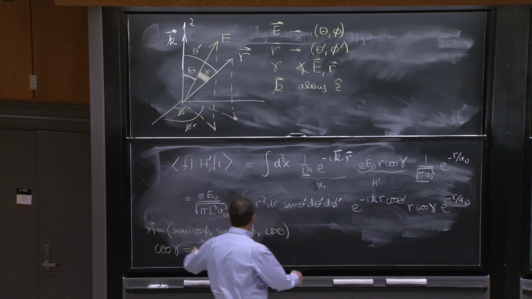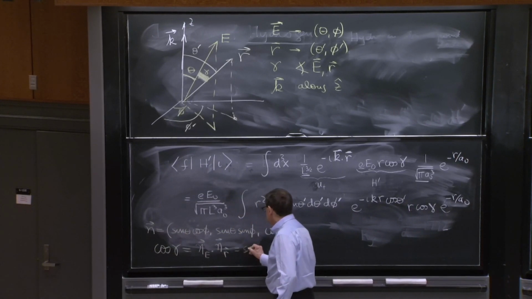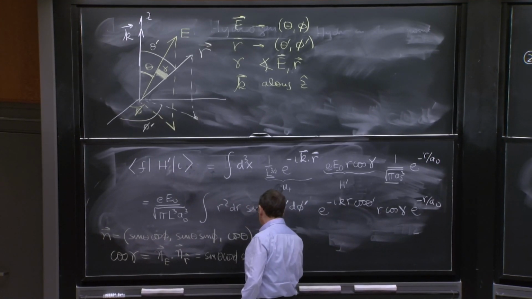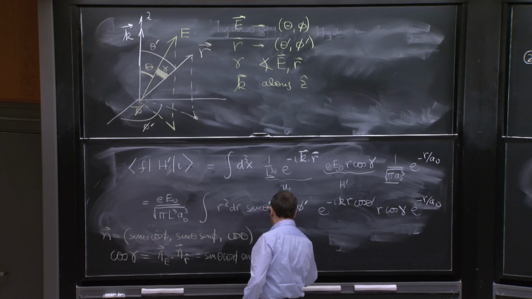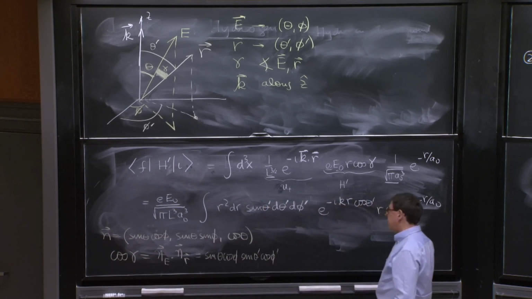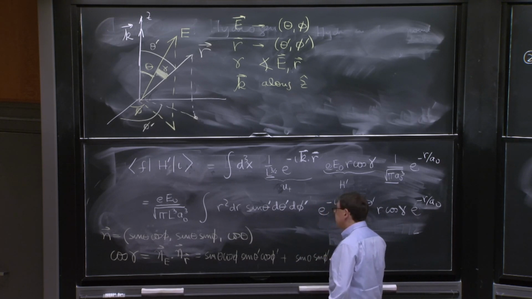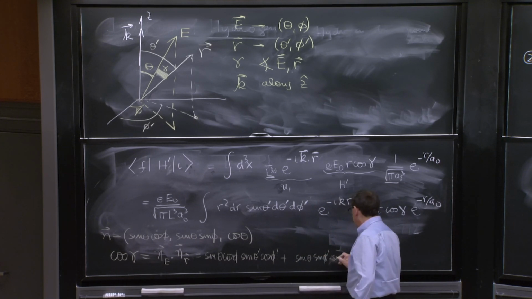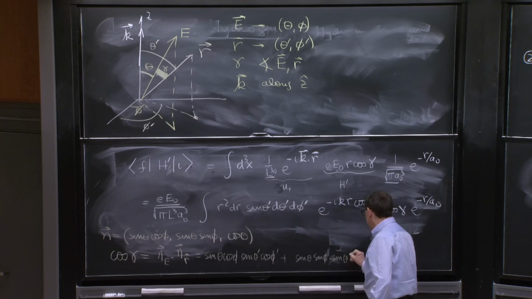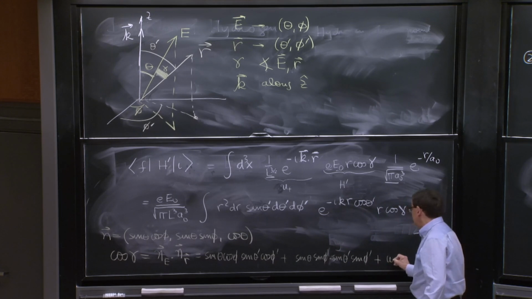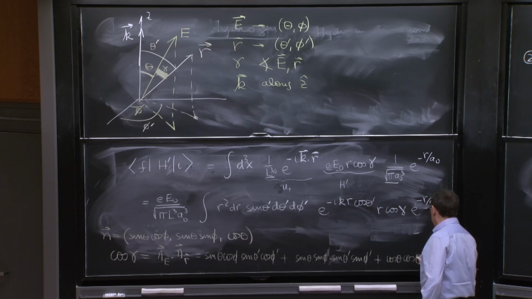So when I make the dot product, I get sine theta cos phi sine theta prime cos phi prime, that is the product of the x components, plus sine theta sine phi sine theta prime sine phi prime, plus cos theta cos theta prime.